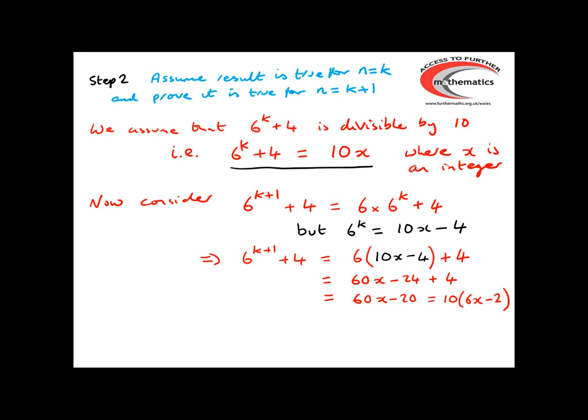And 60x minus 20 is clearly the same thing as 10 times 6x minus 2. So we are certainly coming out with the fact that 6 to the k plus 1 add 4 must be divisible by 10, provided we are assuming that 6 to the k plus 4 is divisible by 10.